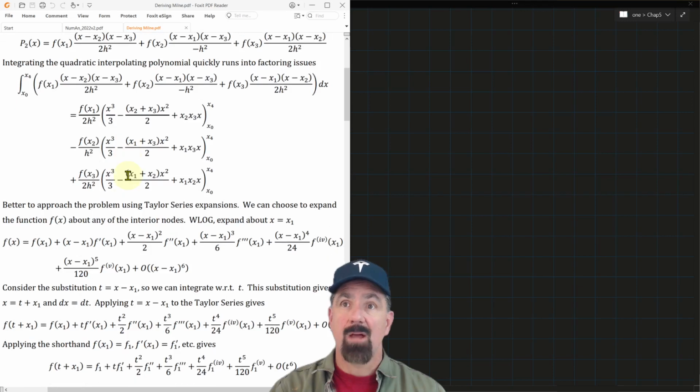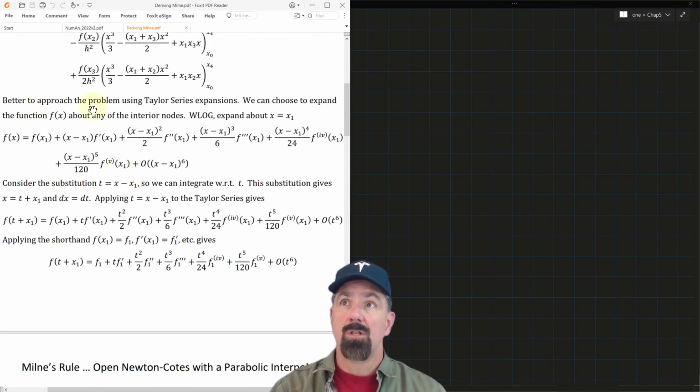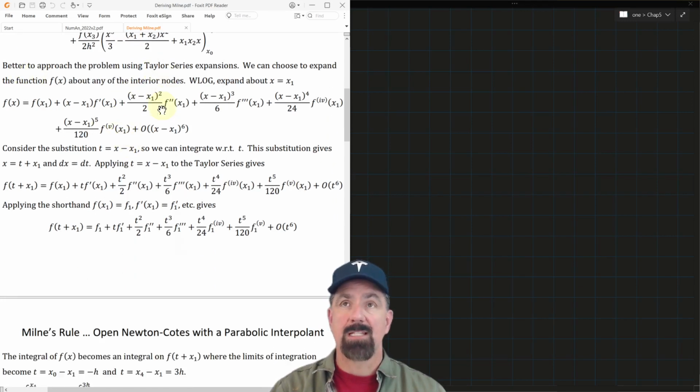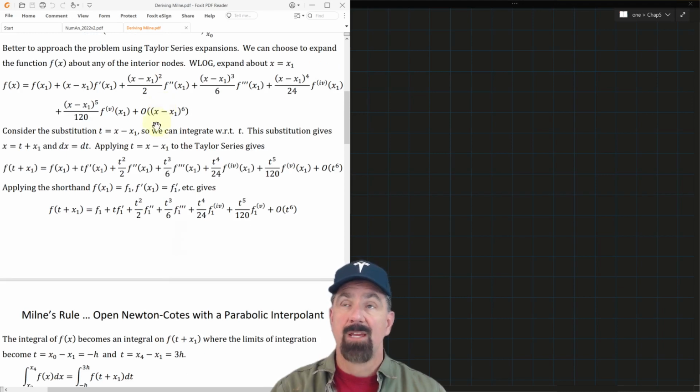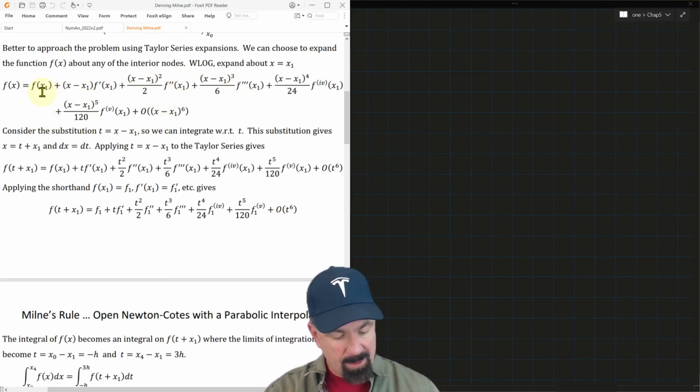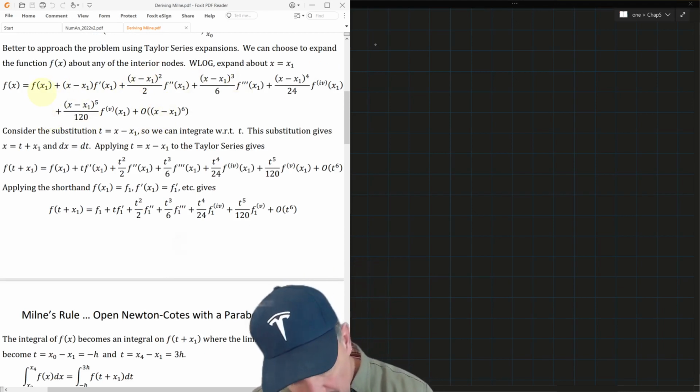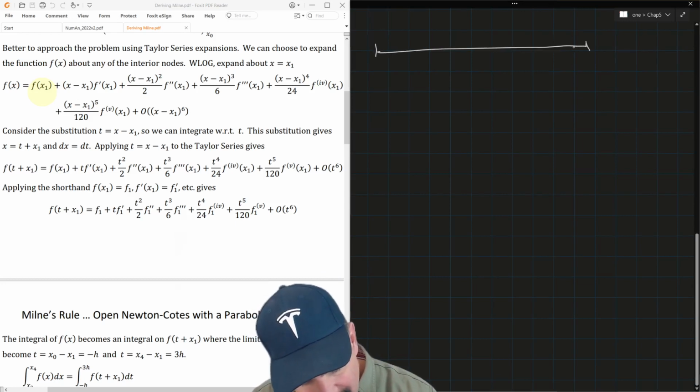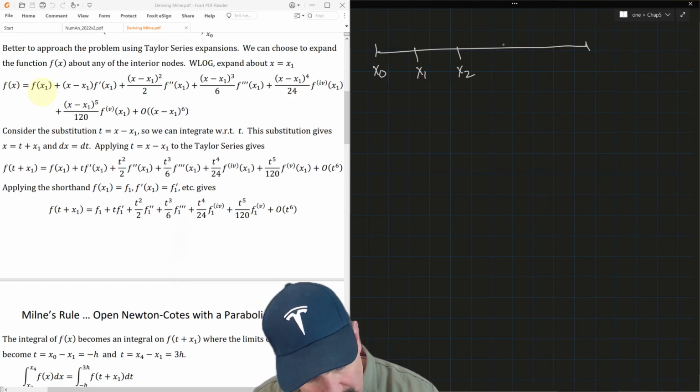So instead of doing that, we are going to use Taylor series expansion, exactly the same as we did in class. In fact, I'm again expanding about the point x1. So in this case, note that we have 5 nodes, x naught, x1, x2, x3, and x4.